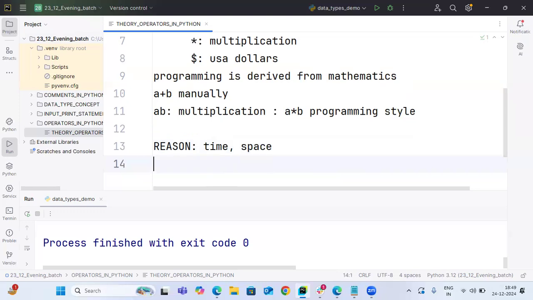Let's suppose I ask you to perform a calculation, how much time does it take for you?